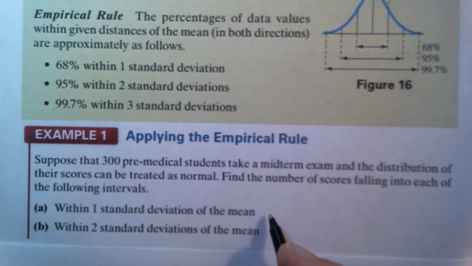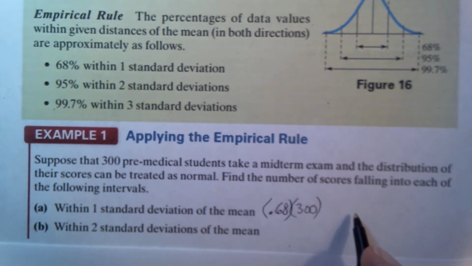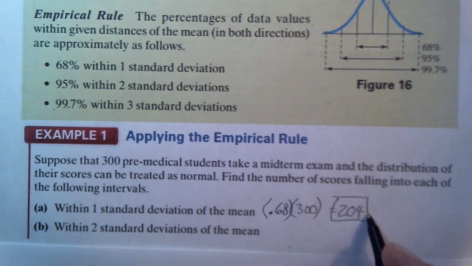In other words, 68% is 0.68, and 0.68 of 300 is equal to 204. In other words, 204 of the exam scores would probably fall within 1 standard deviation of the mean.